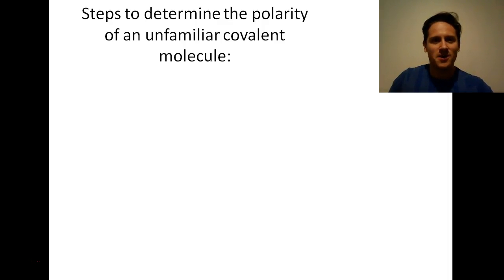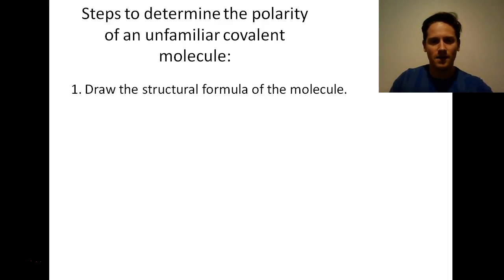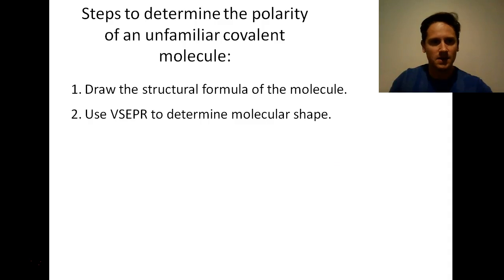So the steps to determine the polarity of an unfamiliar covalent molecule. So we're going to have some practice doing this. Step one, you want to draw the structural formula of the molecule. Now that's something we've covered previously in class, and if that's something that you're having difficulty with, it might be best to talk with me about it.